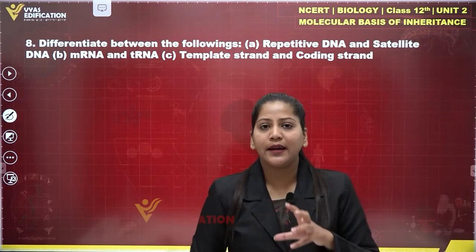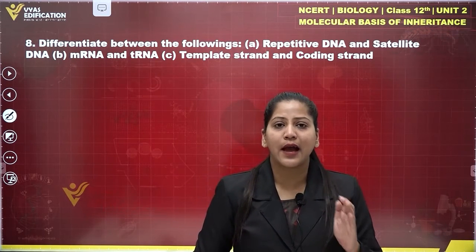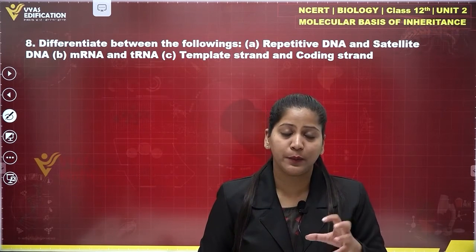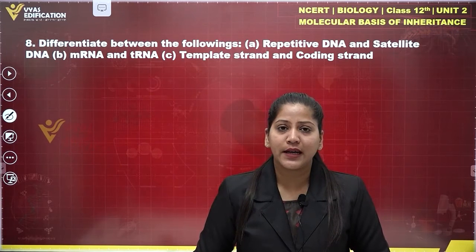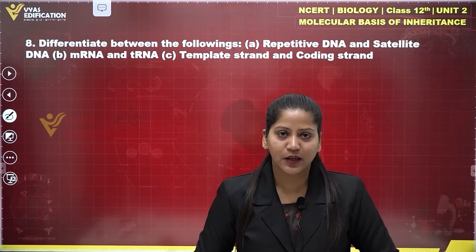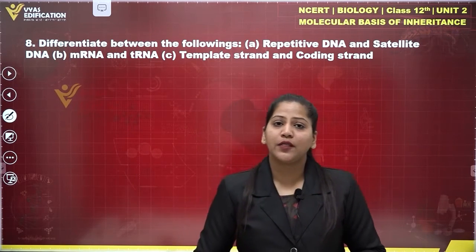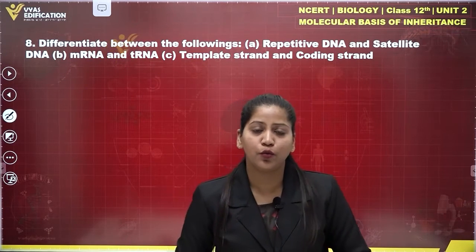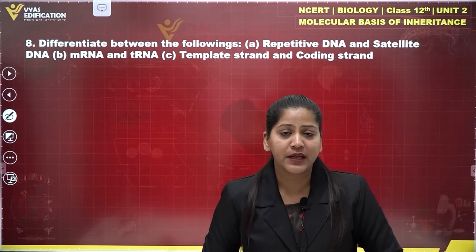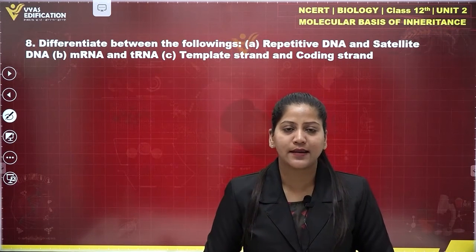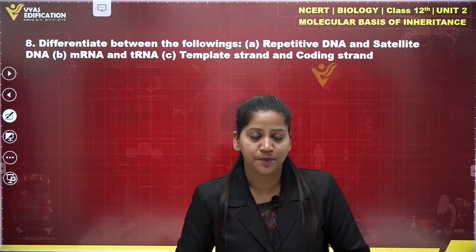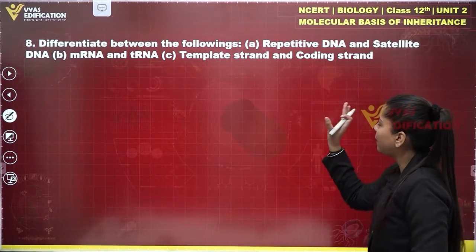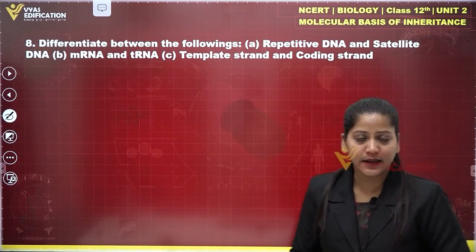Whereas satellite DNA is one of the various categories of repeated DNA which contains highly repetitive sequences. Depending upon the number of repeats, satellite DNAs are grouped into various categories such as minisatellites, microsatellites and mini variant satellites. So this is the difference between repetitive DNA and satellite DNA.